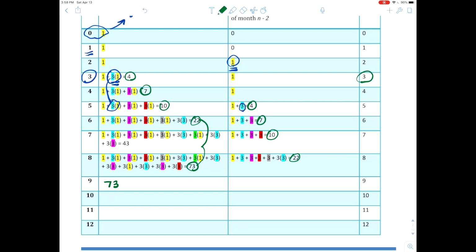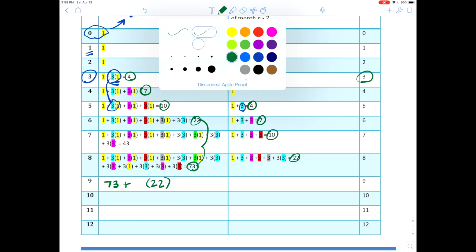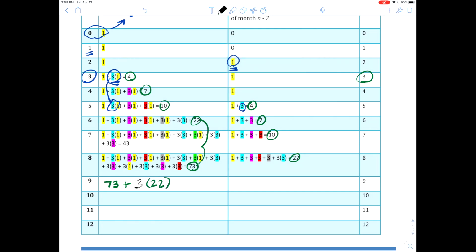And how many babies are they going to have? Well, each of these 22 pairs is going to have 3 babies, right? So at the end of month 9, you'll have what? How many babies? Good. 73 plus 3 times 22, because that's the number of new babies.